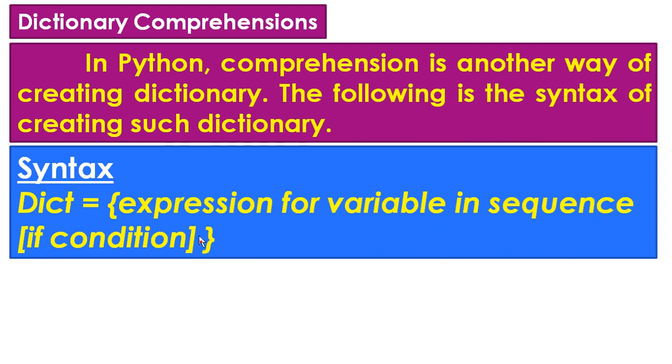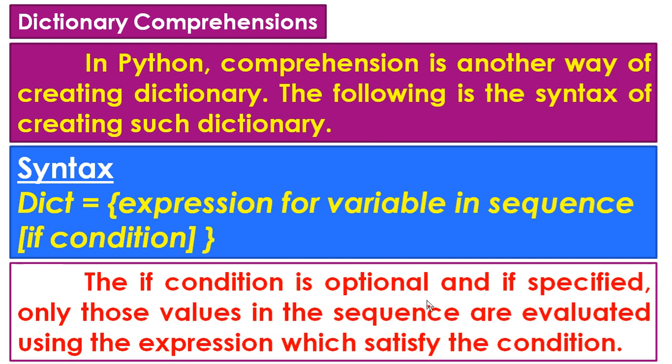Here the if condition is optional. If specified, only those values in the sequence that satisfy the condition are evaluated using the expression. The values are generated by this expression when the if condition is satisfied.